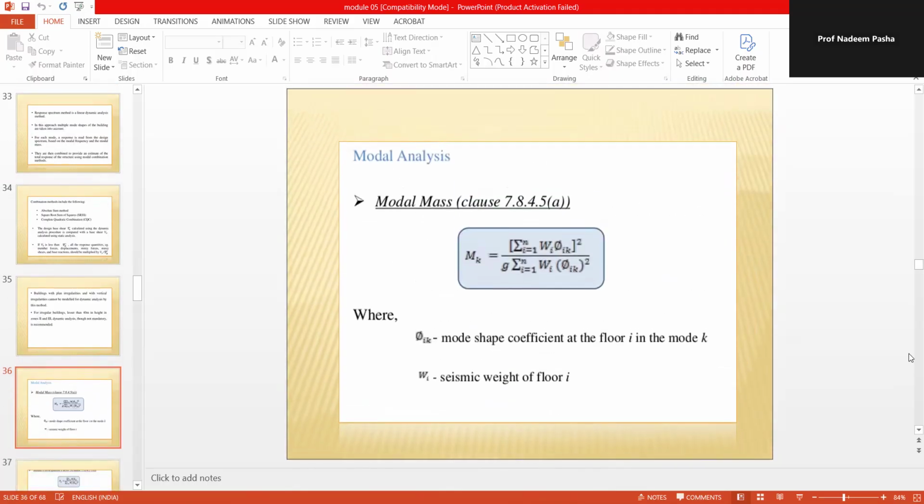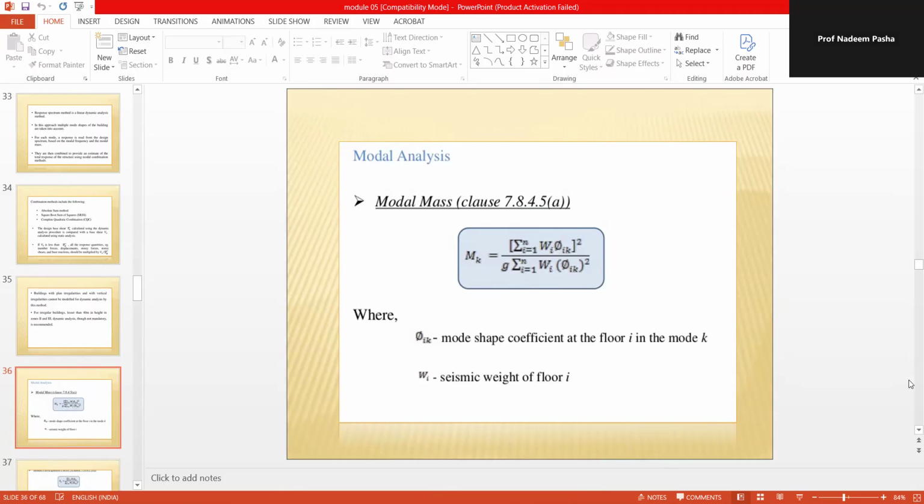The modal analysis equation is given by Mk equal to the summation of the modal load. Phi ik is the mode shape coefficient at floor i in mode k.